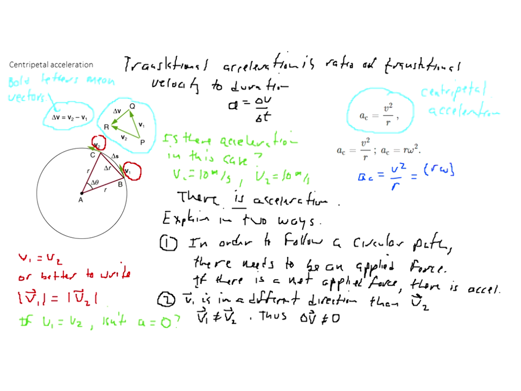So r times omega, squared, over r. So we get r squared omega squared over r. One of the r terms on top cancels with the r term on the bottom, and we end up with r omega squared.